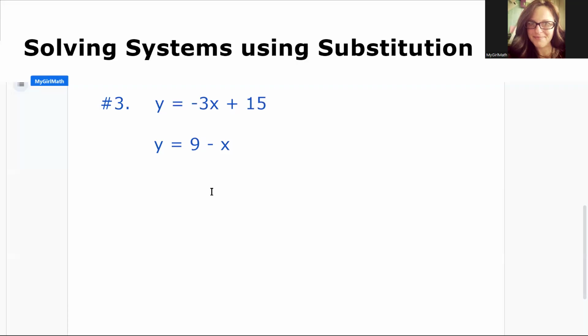I see that both of these equations are already solved for y. We have y equals and y equals. Well, we know that y is equal to y, so we could substitute -3x plus 15 and set it equal to 9 minus x.